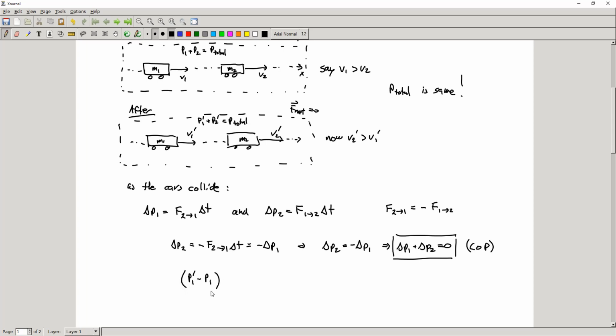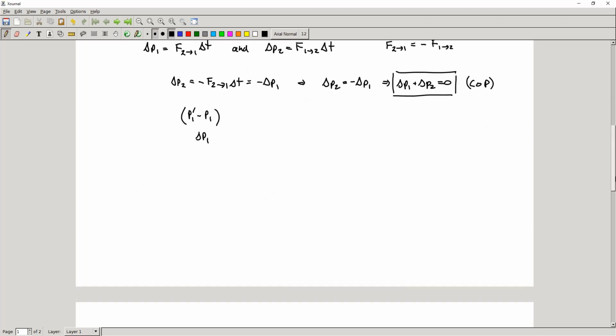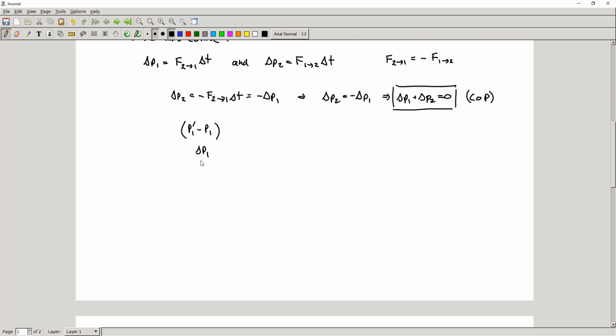This is just the definition of delta P1, and then we can have the same for delta P2, and we know this is equal to 0, right?